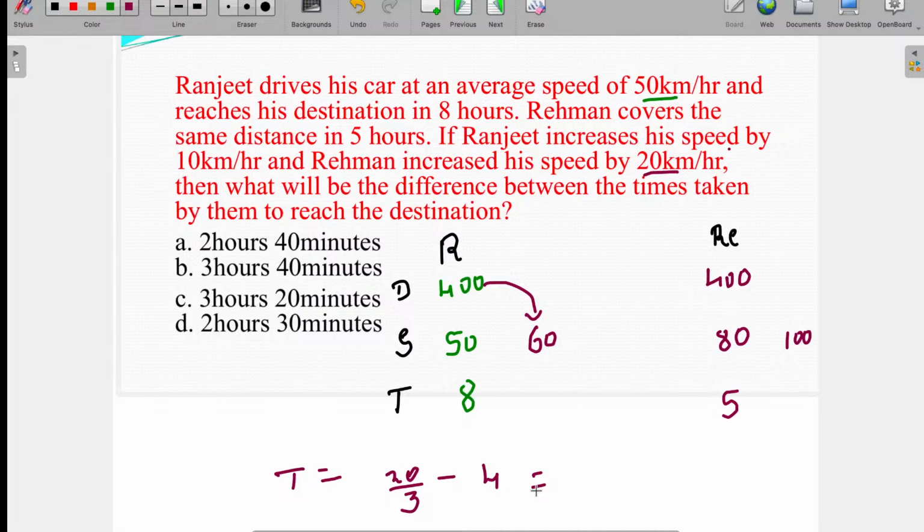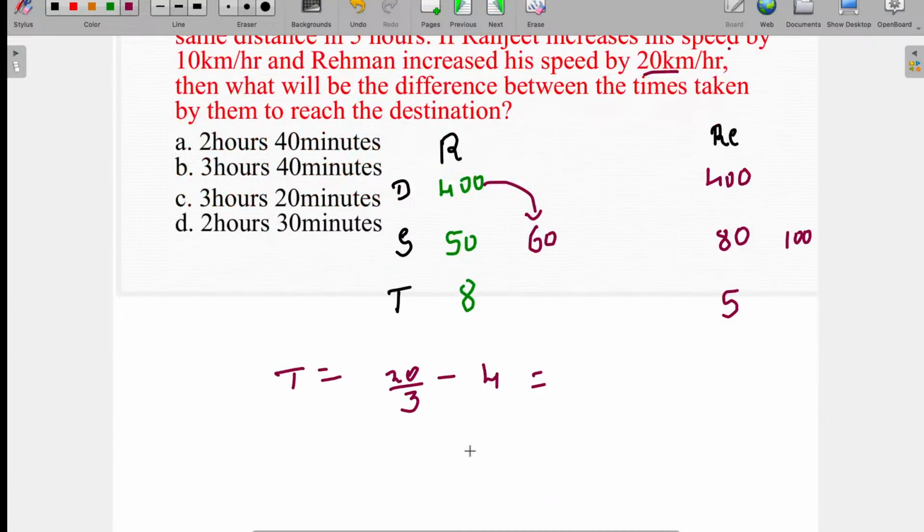Convert to minutes. How much will you get here? LCM will be 3. 20 minus 12, 8 by 3. 8 by 3 means 2, 3 twos are 6, remaining 2 by 3. 2 by 3 means 40 minutes. 2 hours 40 minutes is the difference.